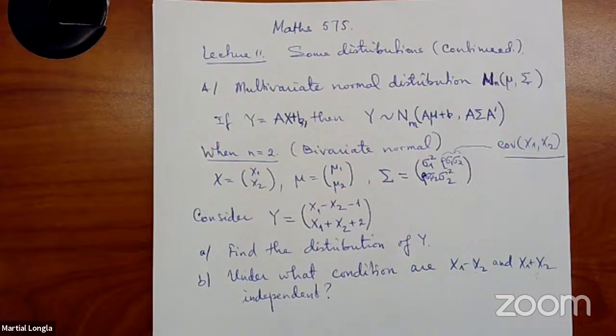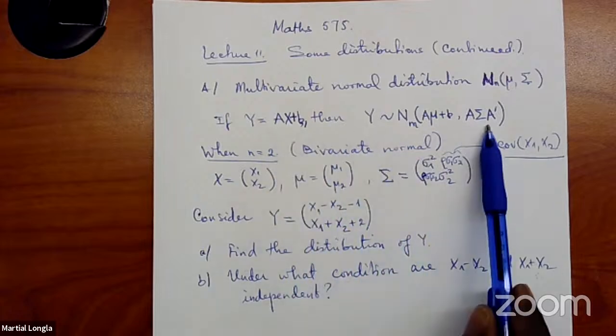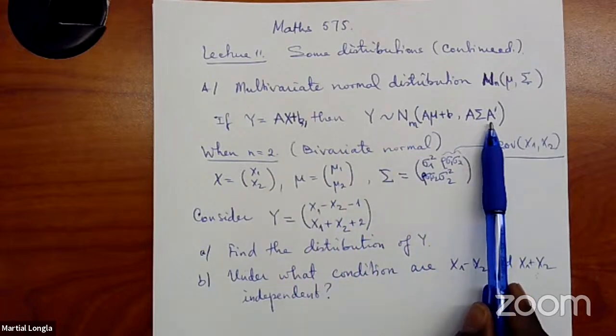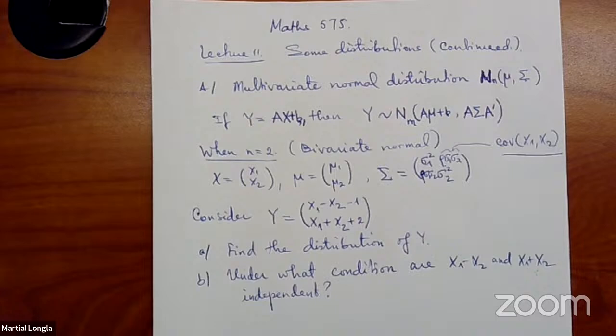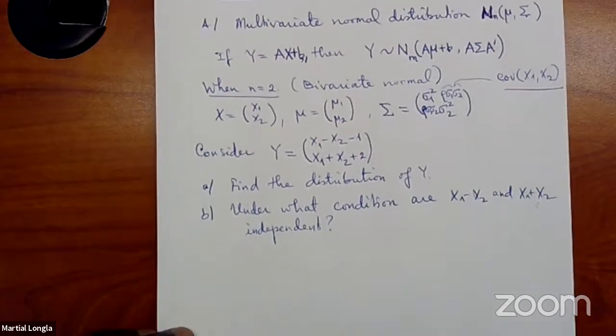So to answer the question, obviously you've got to use this because that y is a linear combination of the components of the vector x, which are x1 and x2. So you start by that.